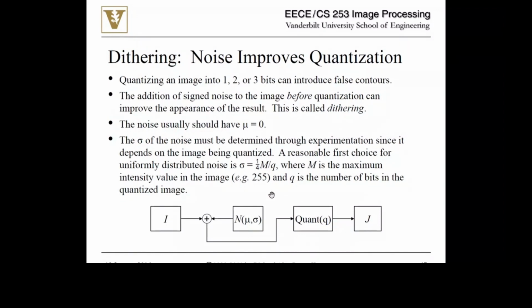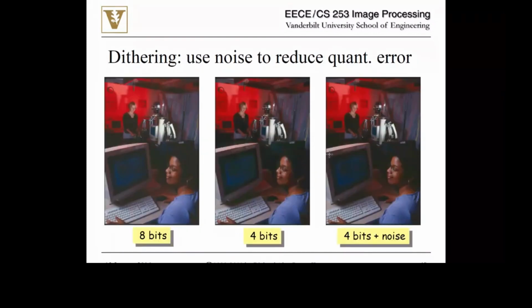So what is the standard deviation? Let's say that the input has a maximum value m, that typically is 255, and you are going to quantize with q bits. So the output will have q bits. So a sensible value for sigma is the maximum divided by 4 times q. Okay, so let's see the effect.